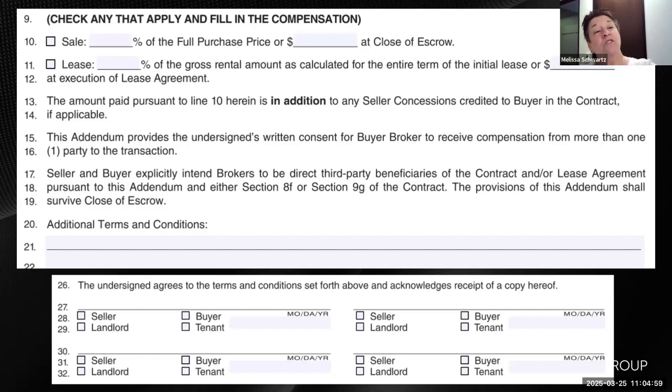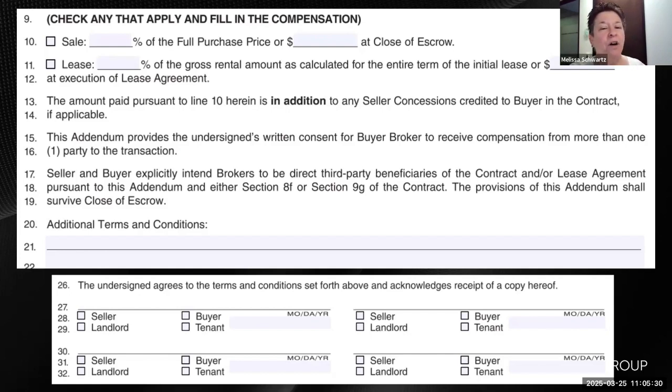So to answer Title's question earlier, let's say line 10 says 3 potatoes, whatever number is there. It doesn't matter what the number is, right? And there's a counter offer issued and the counteroffer says seller compensation addendum line 10 shall be amended to read 2 potatoes, right? Totally fine, because you have not deleted your seller compensation addendum.